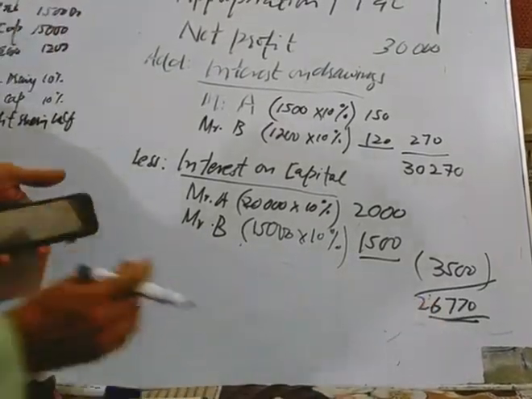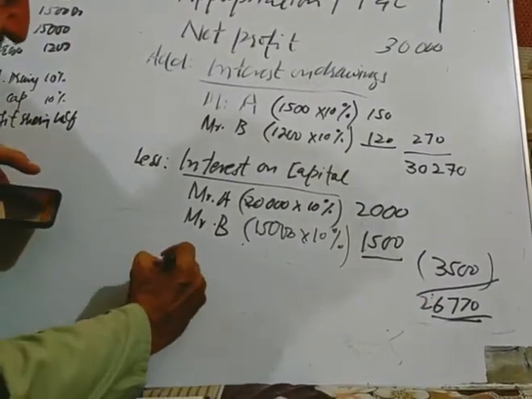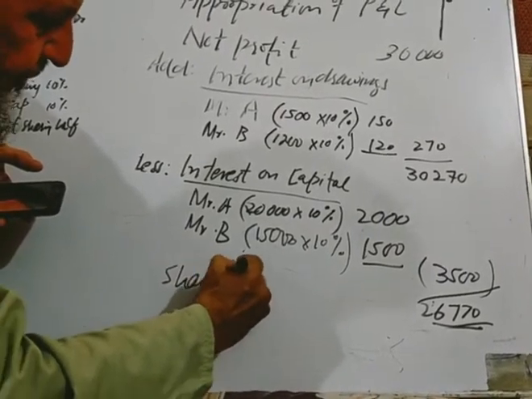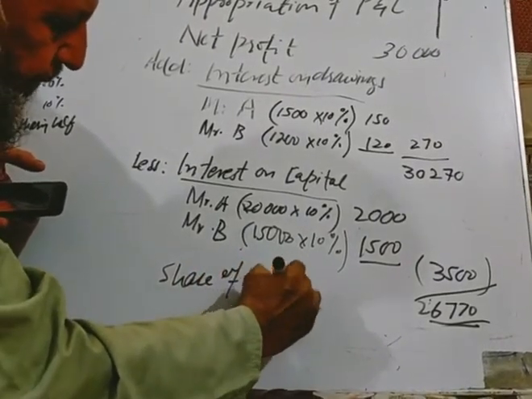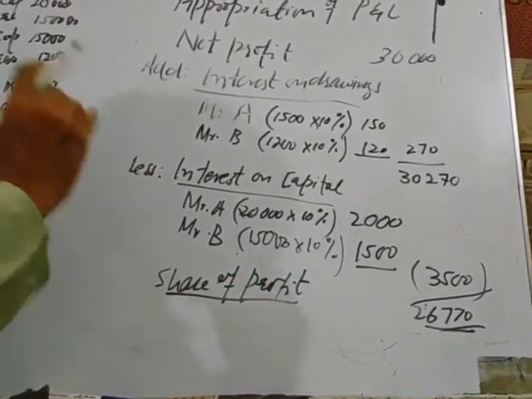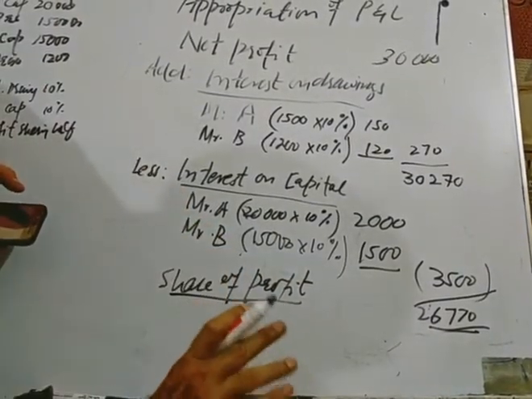This is again divided, and we give a heading share of profit, and share of profit is again divided equally.